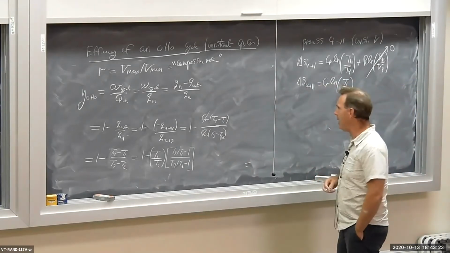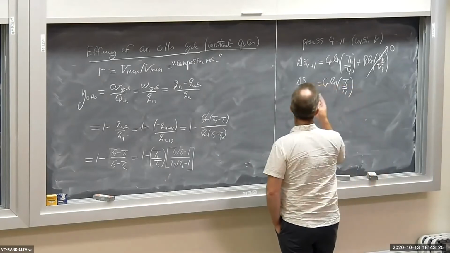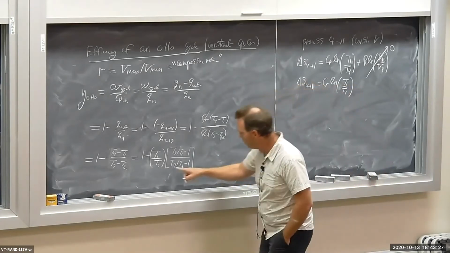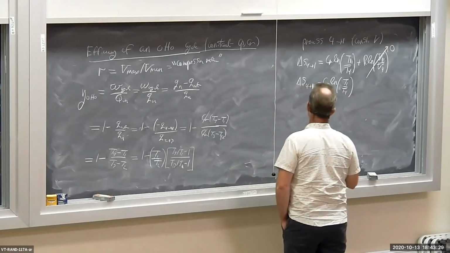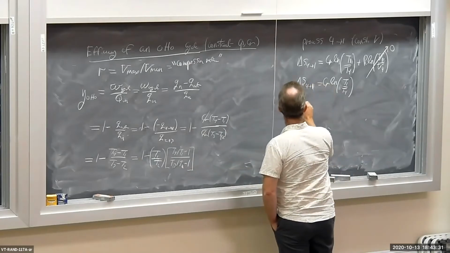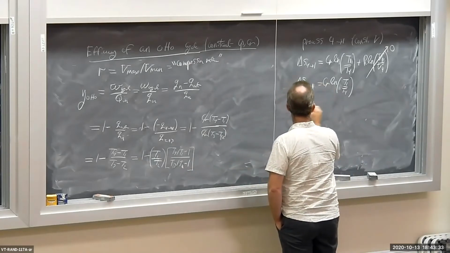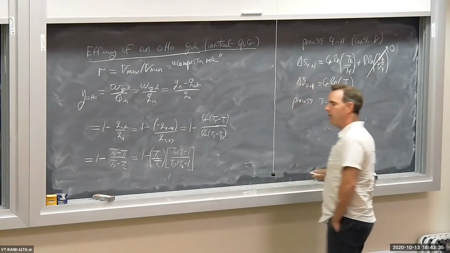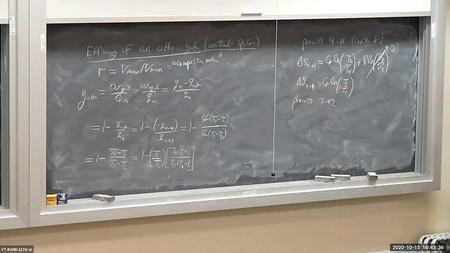Now, if you apply the entropy balance and the property relationship for process 2 to 3, you get a similar equation.